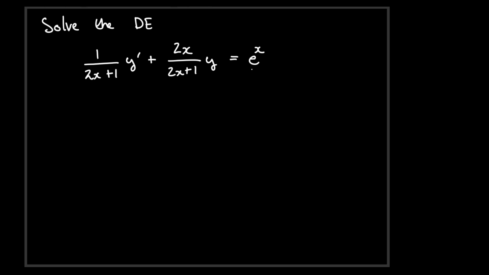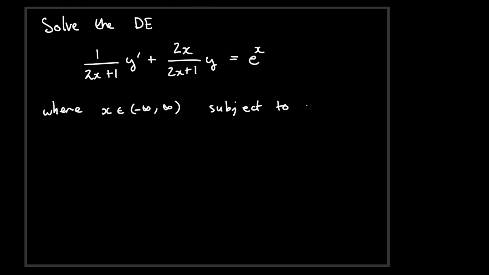And now we're going to solve this DE over the entire interval, where x is in the whole interval, so from negative infinity to infinity. That's our interval here. And subject to what's called initial conditions.